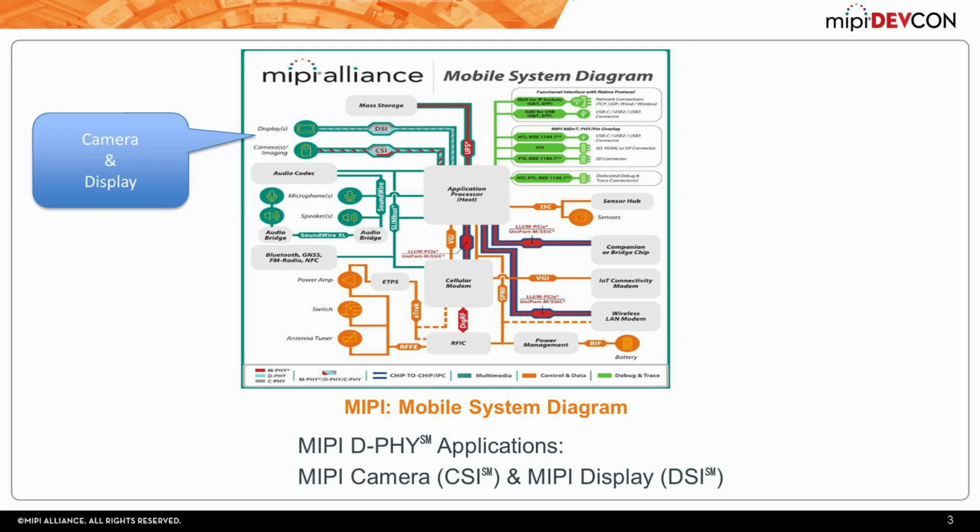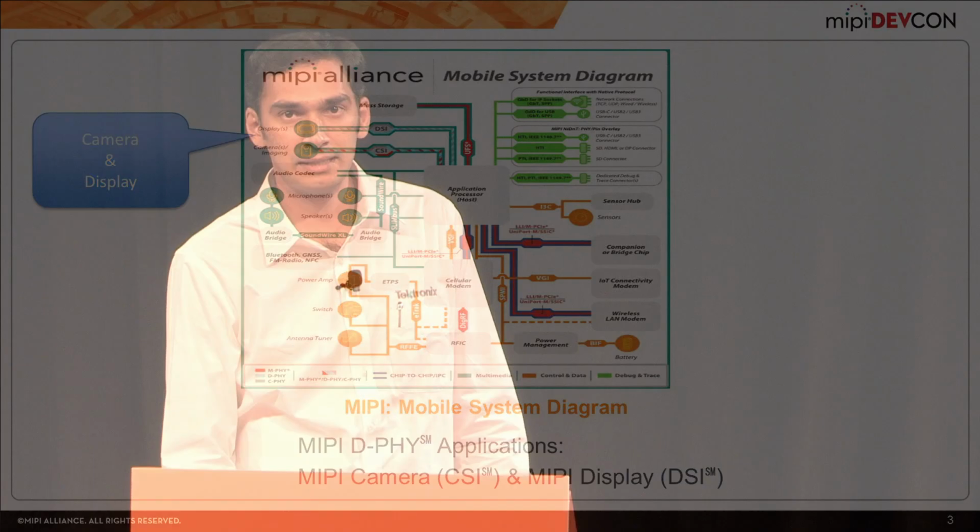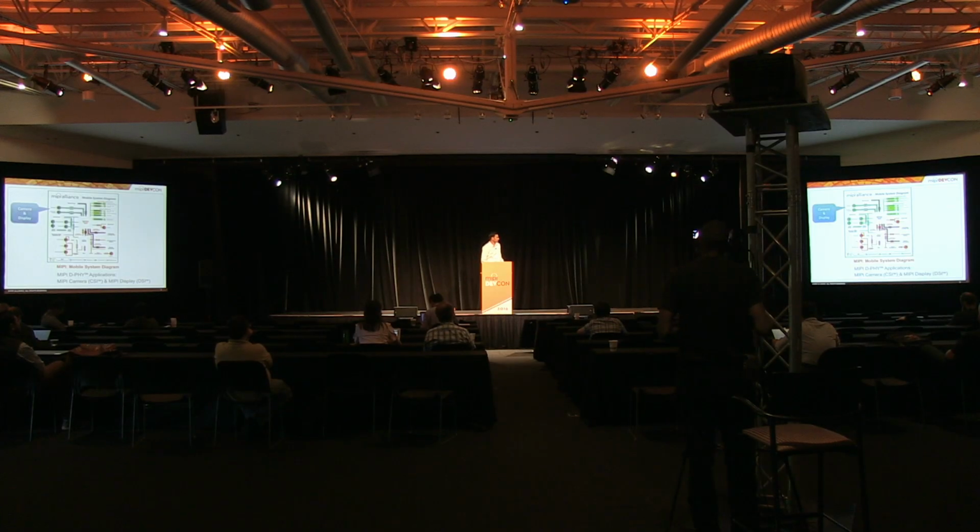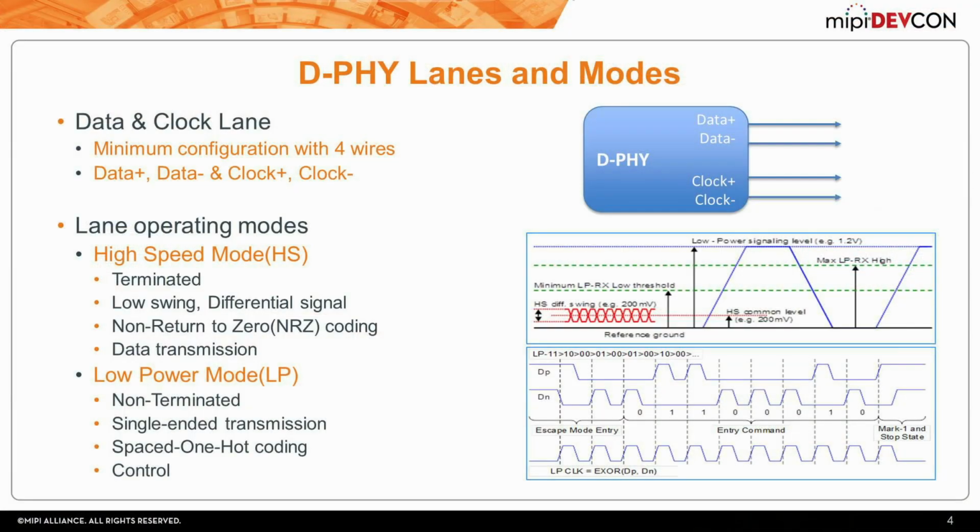With regard to the D-PHY, the focus is on the camera and display interfaces. And MIPI also has protocol layer specifications, namely camera serial interface, CSI, and the display serial interface, DSI. So now let's delve a bit deeper into the specification of D-PHY.